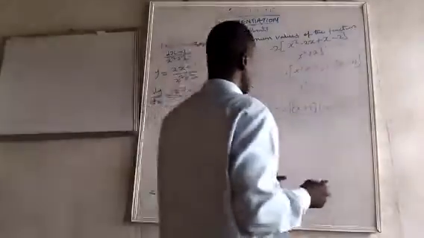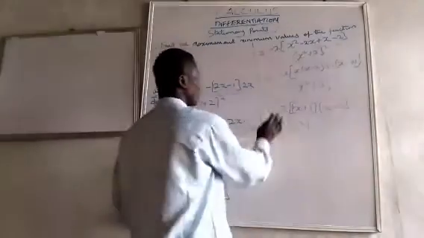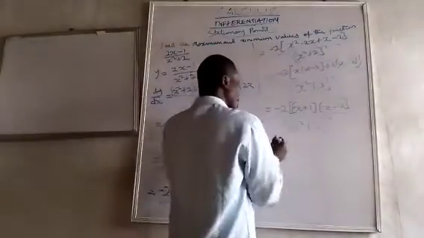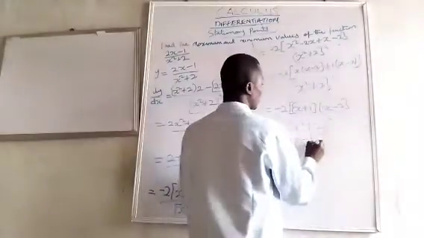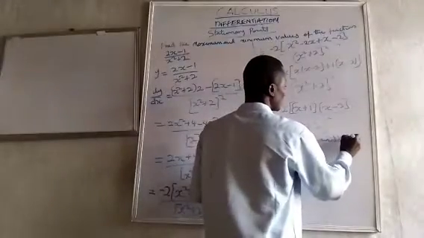Now, for this, we can see that the stationary points are x equals minus 1 and x equals 2.